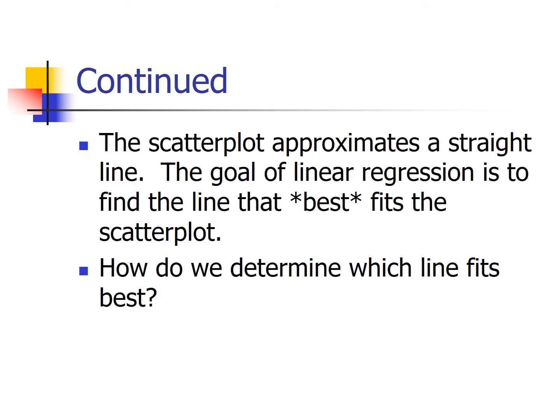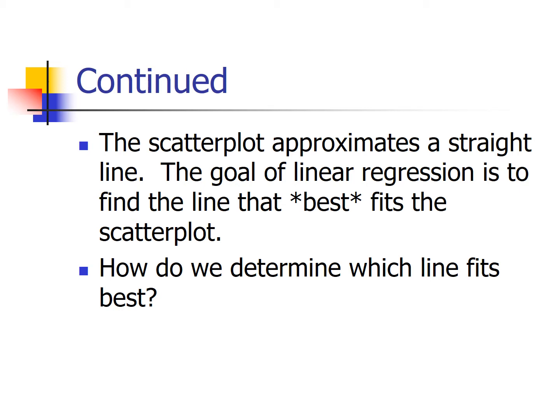Now remember, this is how we're going to tie this back into the last chapter. The scatter plot approximates a straight line relationship. A natural question then becomes, what is this linear relationship that it fits?